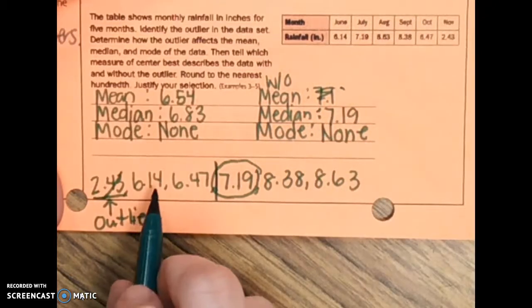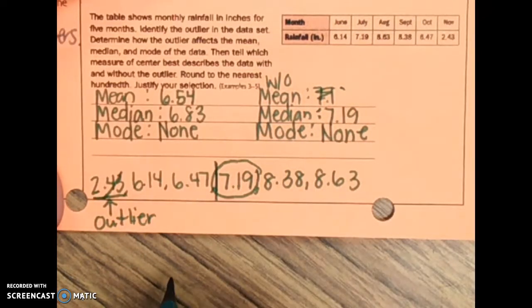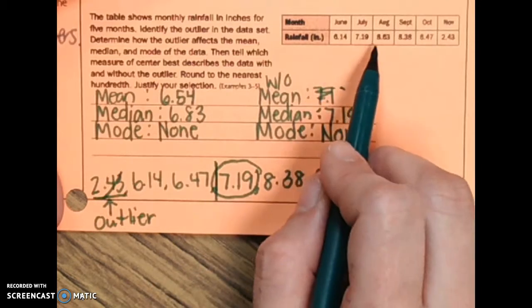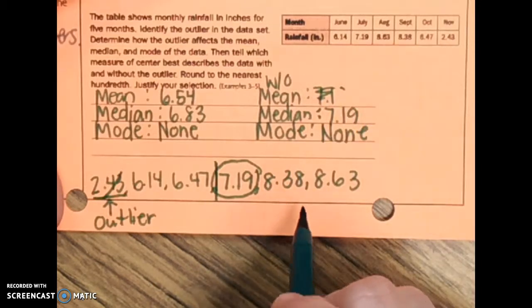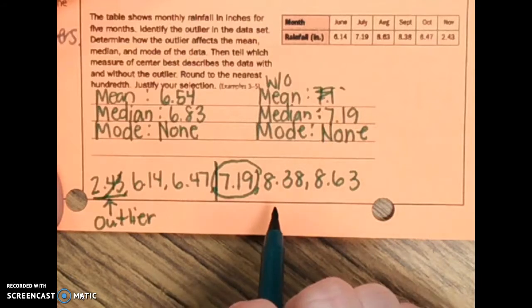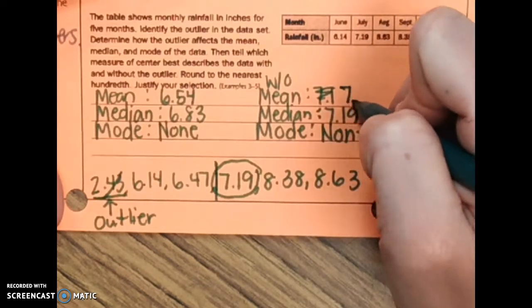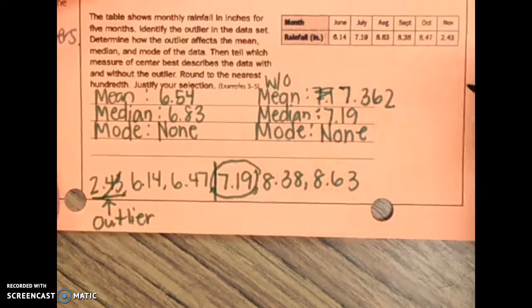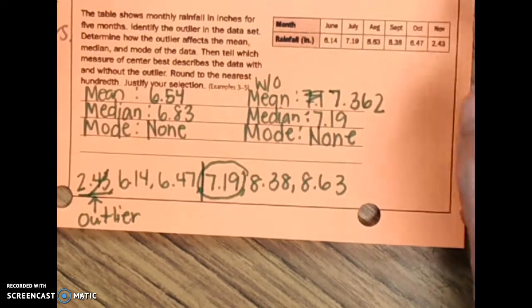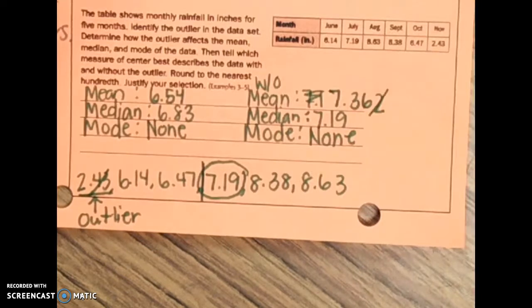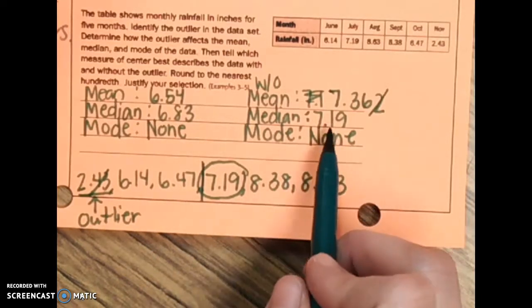If I add them all together, I have 5 numbers, so I divide by 5. I get 7.362. But they tell me to round to the nearest hundredth, so that 2 is going to come off. So I get 7.36.